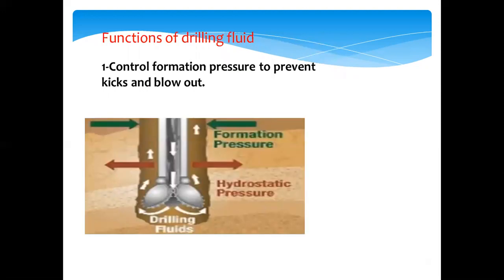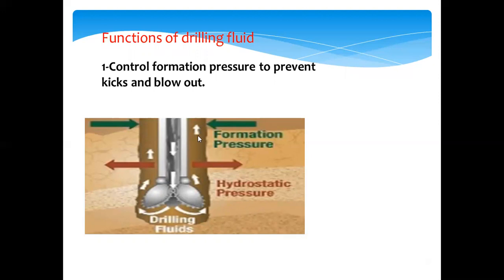Let's go with the functions of drilling fluid. The first function of the drilling fluid, and the main function too, is to control formation pressure to prevent kicks and blowout. So how does it work? During drilling operations, the well bore is filled with fluid, okay?